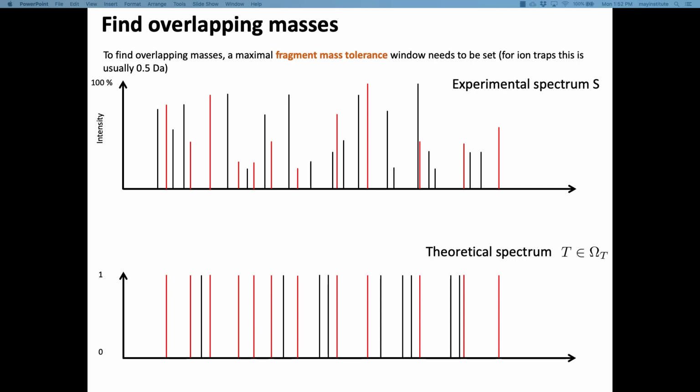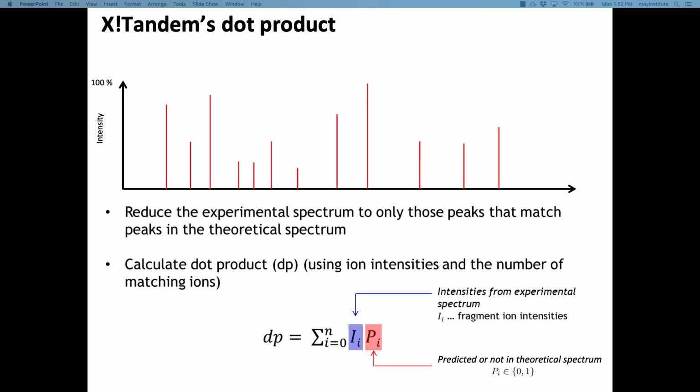And you can reduce the experimental spectrum to only those peaks that are shared with one of the theoretical spectra. And then you can score that, because if you reduce the experimental spectrum to only the peaks that match the theoretical spectra, you can simply use something like a dot product where you look at the intensities.